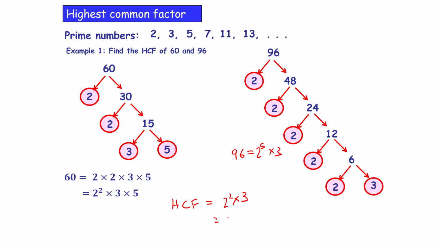And 2 squared is 4 times 3, which is equal to 12. So 12 is the biggest number that goes into 60 and 96. Good. Hit pause, make some corrections, and when you're ready to move on, hit play again.